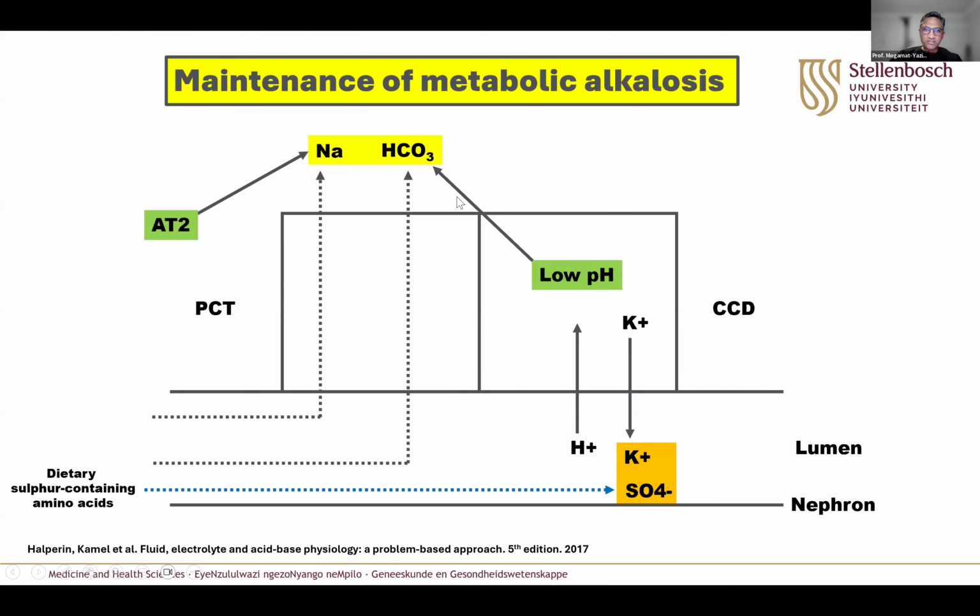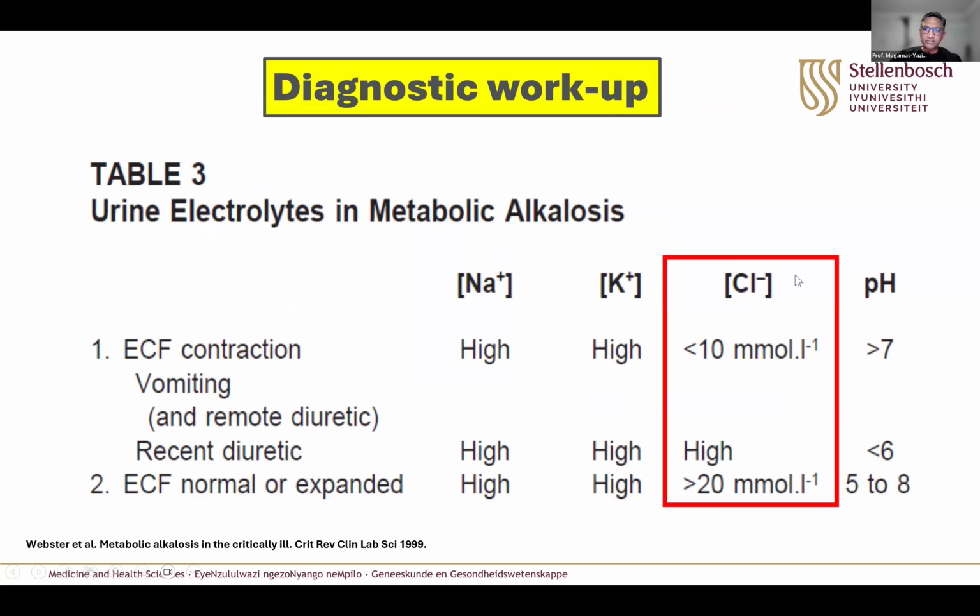So the diagnostic workup for a patient who presents with a metabolic alkalosis is really to determine the urine chloride concentration. And the urine chloride concentration here, it says less than 10 millimoles.